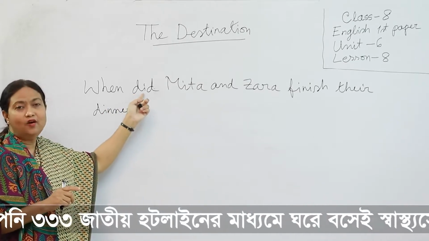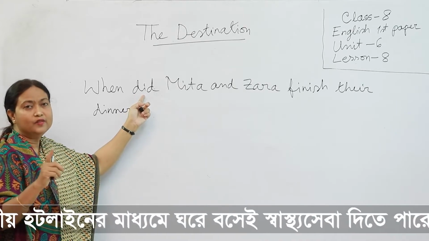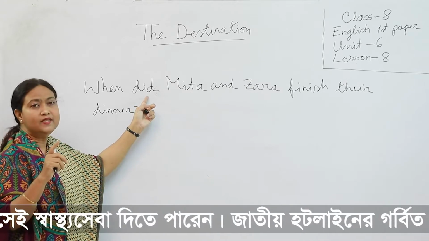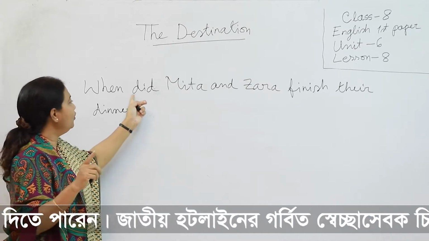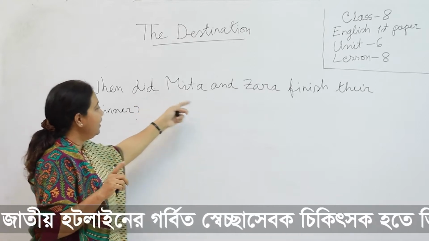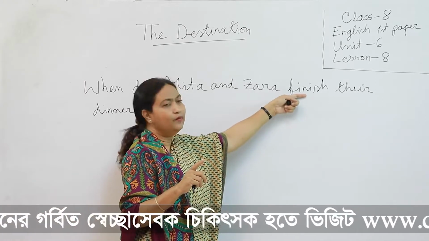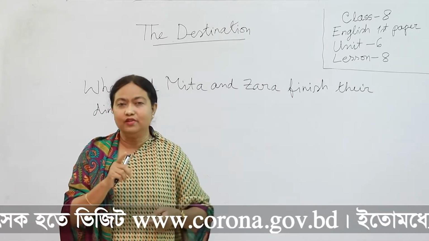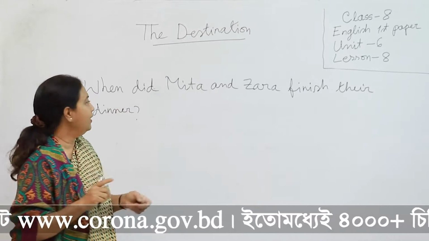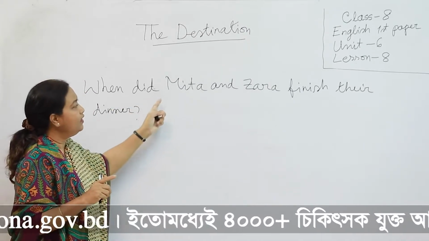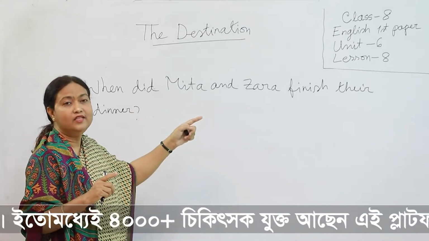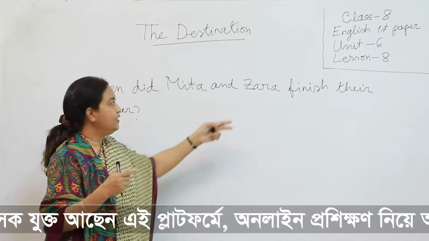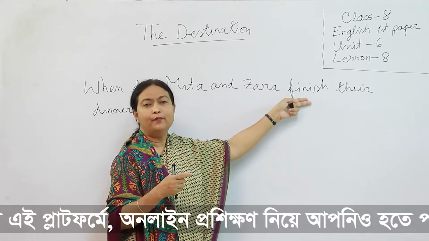Did is an auxiliary verb because the question I have written is in the past tense. So, we use did here. So, the main verb is finish, but when you answer the question, you have to say Mita and Zara finished their dinner at 8 p.m. Finished. In the answer, this verb will be in past form.